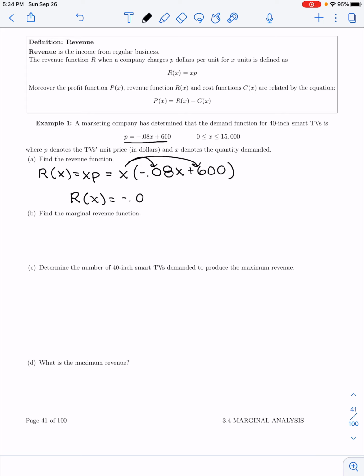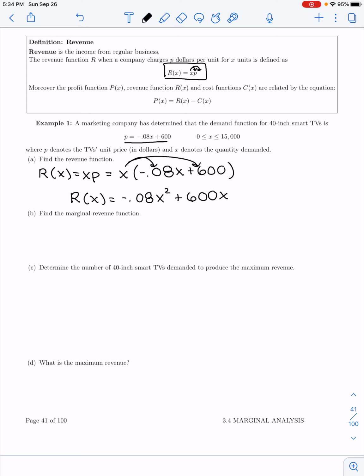So negative 0.08X times X will give us X squared. And then X times 600 is going to give us 600X. There's our revenue formula. When I write this, I usually put some arrows when I'm memorizing this formula. It's X times P, and I put arrows on top because you're always going to have something to distribute when you have more than one term in your demand function.